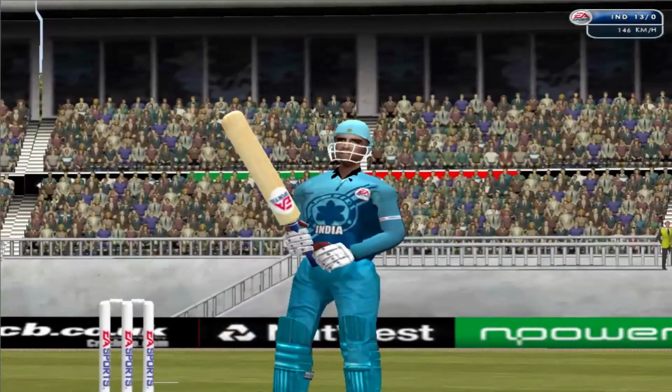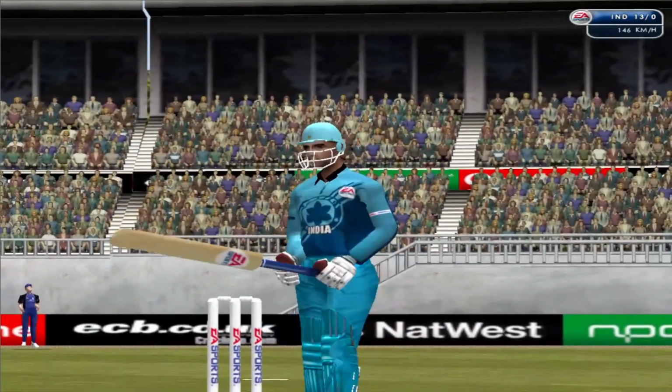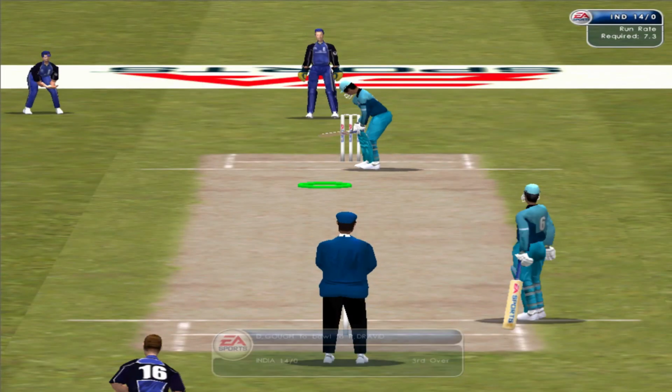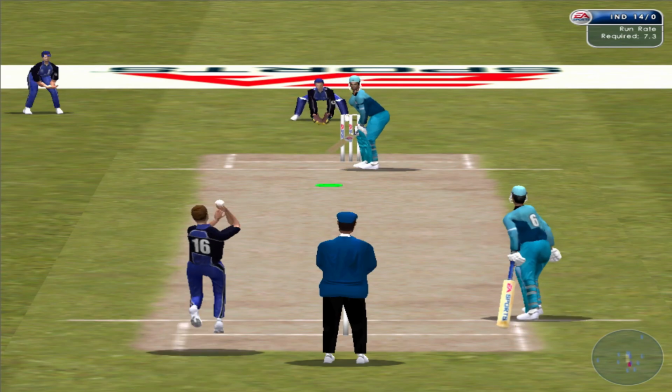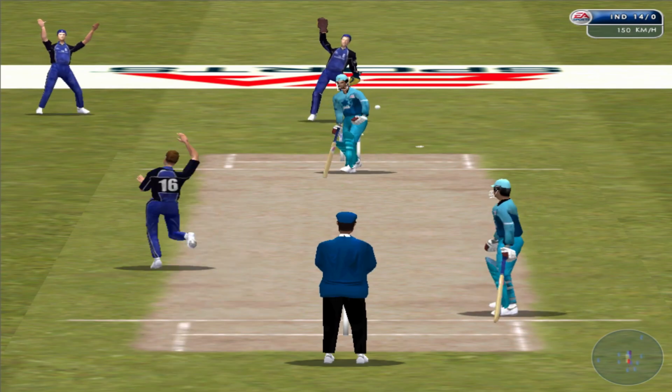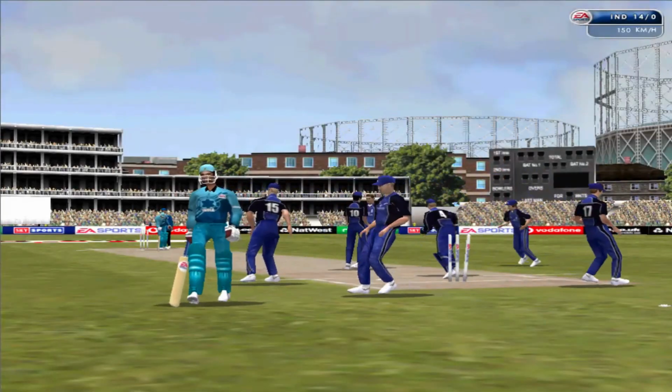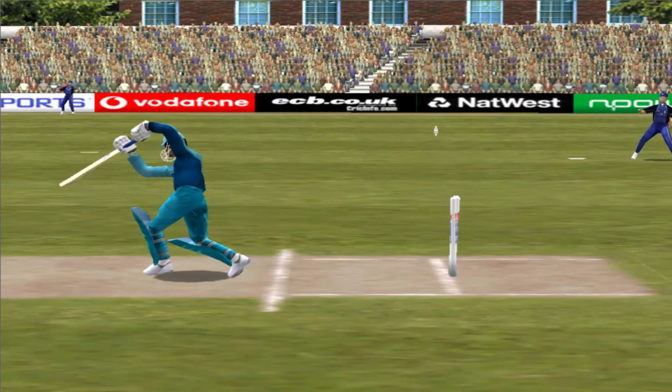The score is now no wicket for 14. Dravid facing. Clean bowled. The batsman really had no answer to that ball. Too late now. It went straight through the gate.